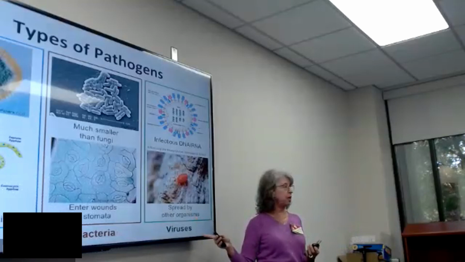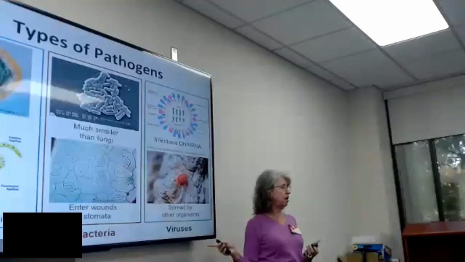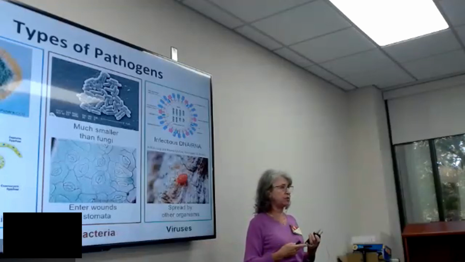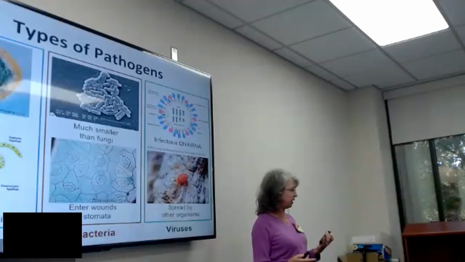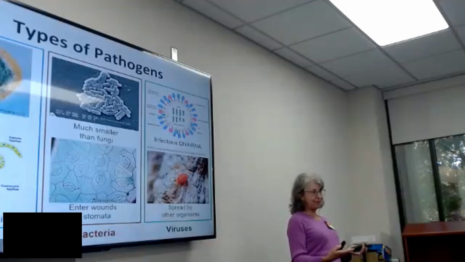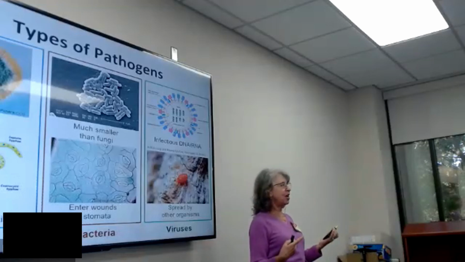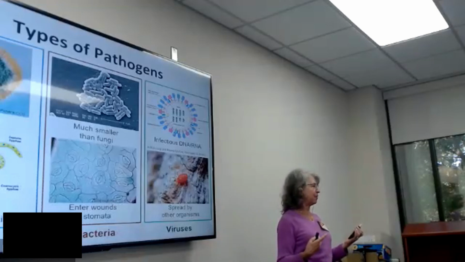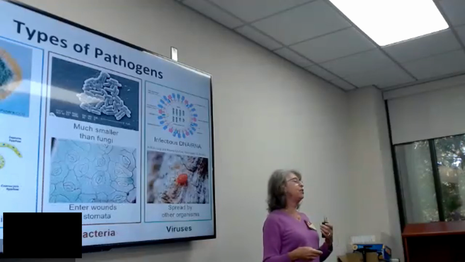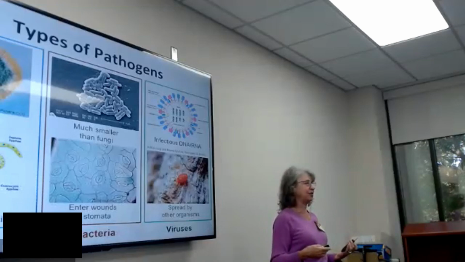Now, these are the three main types of pathogenic organisms, but there are others. You heard last week about oomycetes, which are similar to fungi, but not really. And Mike made a statement that I heard a lot of people say, what? He said, true fungi are more closely related to cows. And people were like, what? Well, he didn't mean they're closely related to cows.